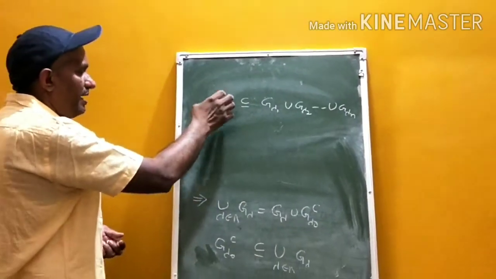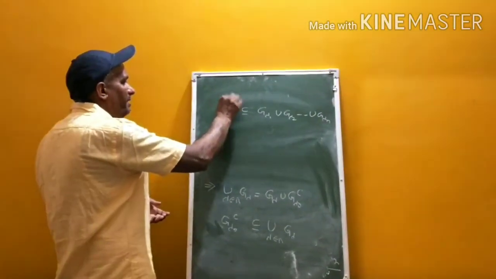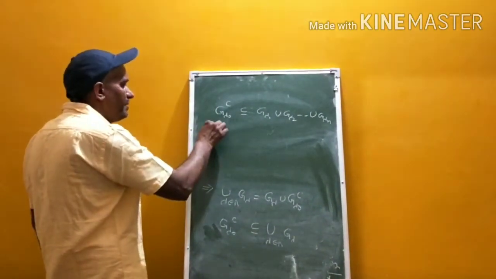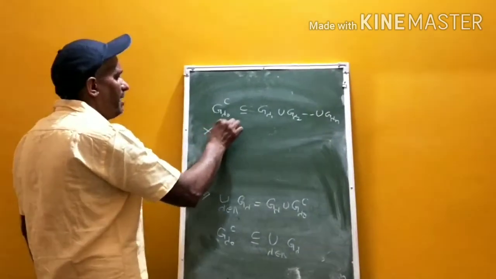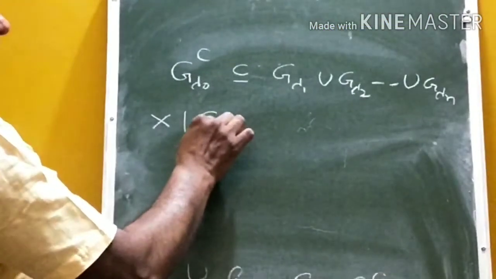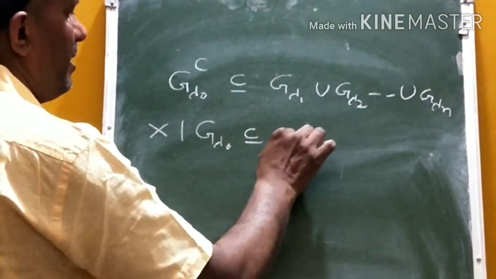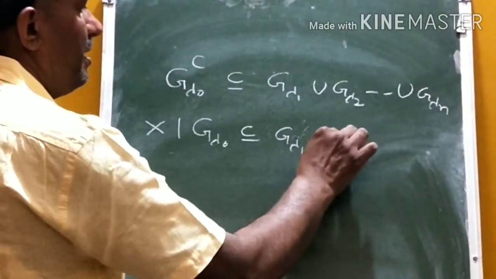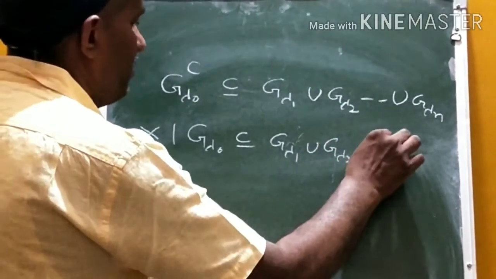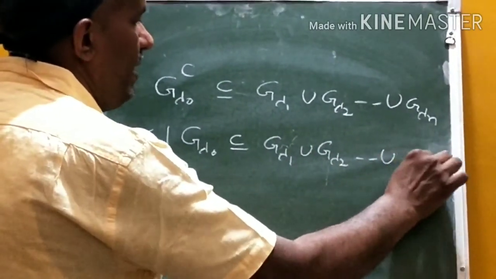So X minus G lambda naught is contained in G lambda 1 union G lambda 2, and so on, union G lambda n.